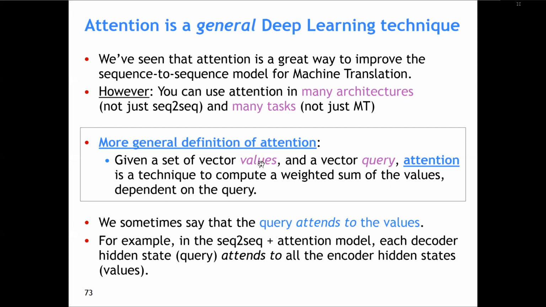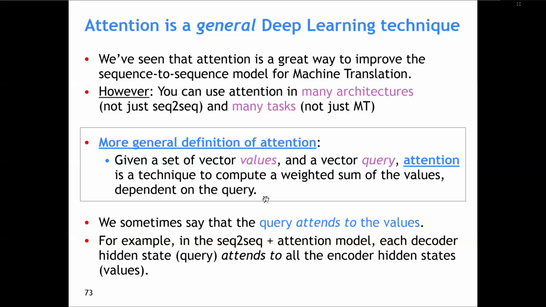In the sequence-to-sequence case, you have the hidden states in your encoder as the values, and the hidden states in your decoder, and then you query all your values. From that query, you calculate a distribution, and from that distribution you calculate a weighted sum of all the values, which gives you an attention vector from the values.